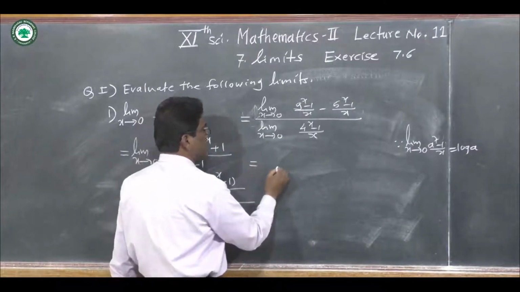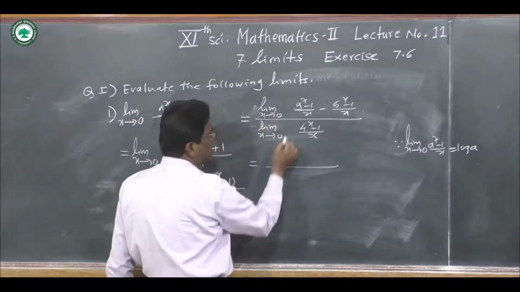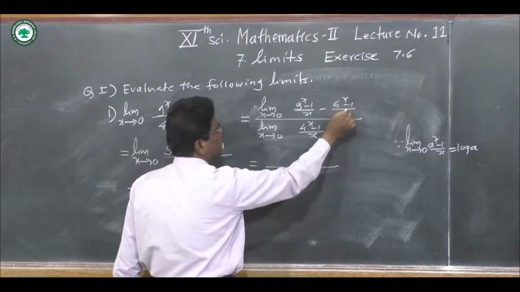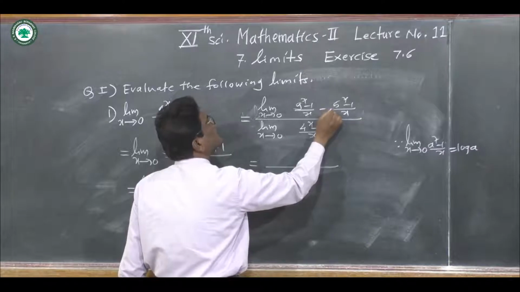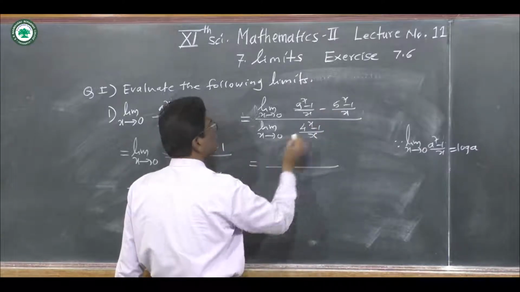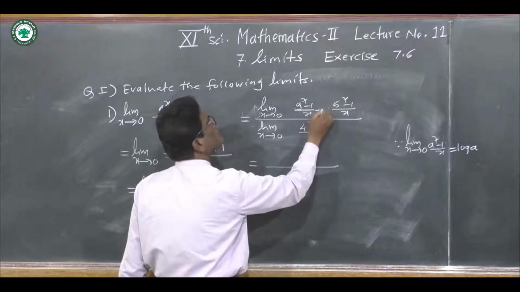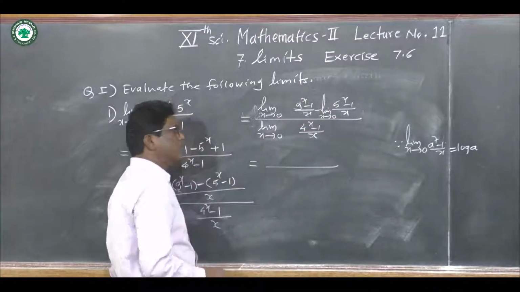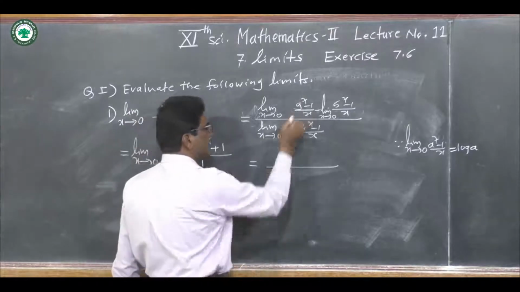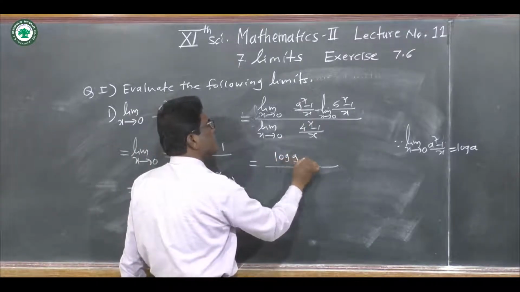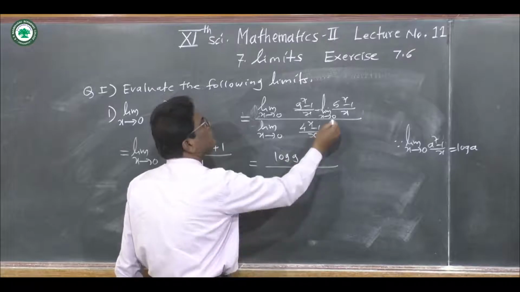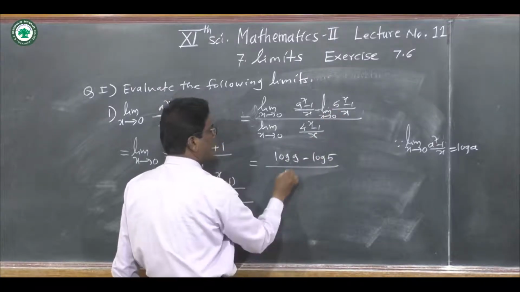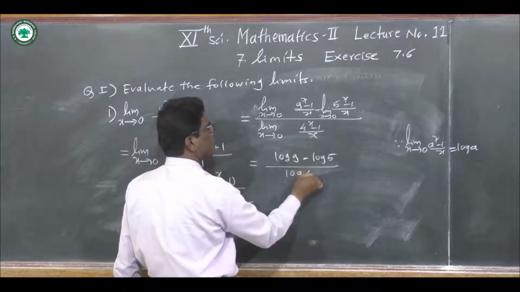So in the numerator we take the limit as x tends to 0 of each term separately. So it is log of 9 minus log of 5, divided by log of 4.